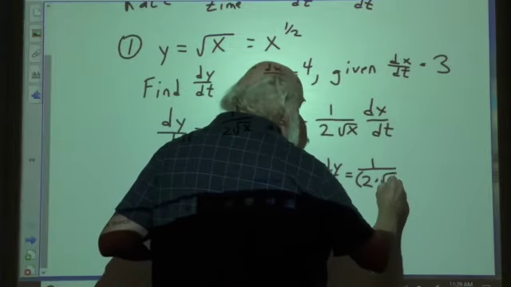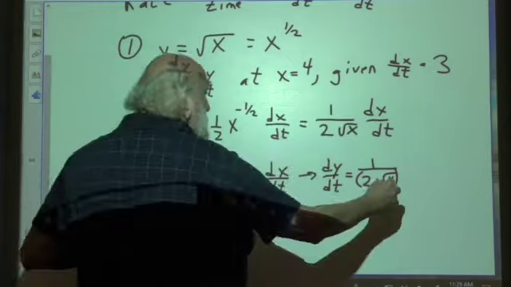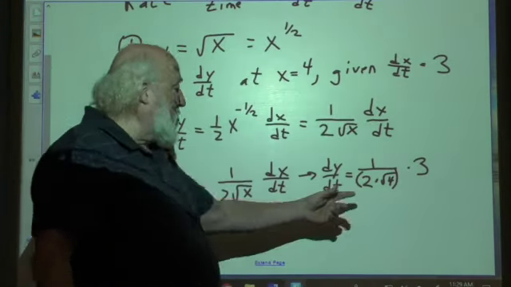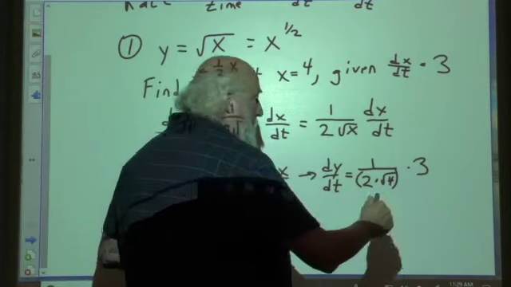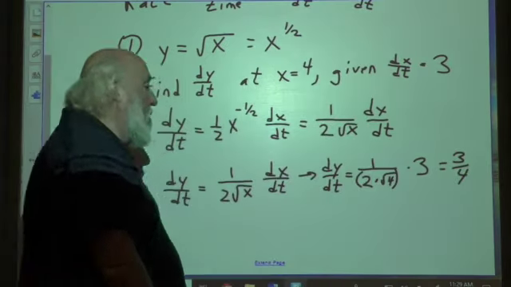The square root of 4 is 2, and dx/dt is given as 3. So the square root of 4 is 2, 2 times 2 is 4, so 1/4, times 3 is 3/4. That is our value of dy/dt.